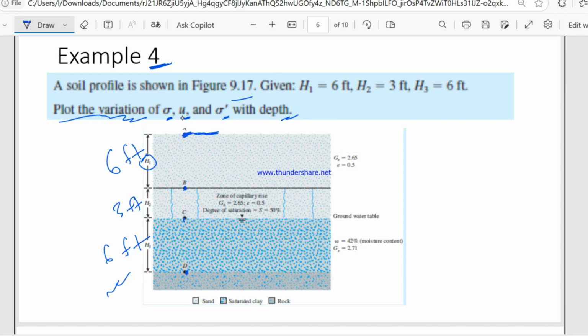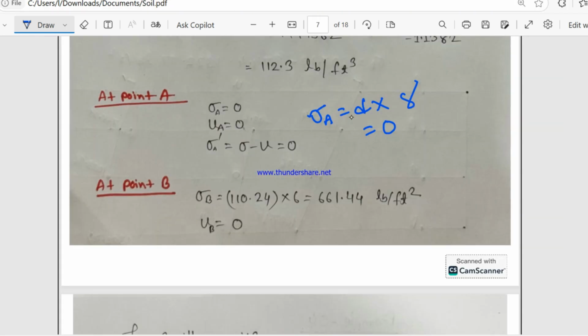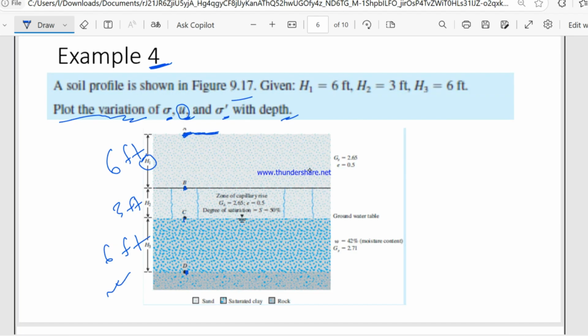At point A, pore water pressure, we know the pore water pressure formula is distance into water unit weight, but this is the groundwater level, and I already mentioned, above the groundwater level and in the groundwater level, the pore water pressure is 0. Please memorize this.